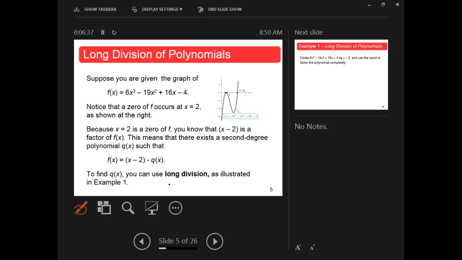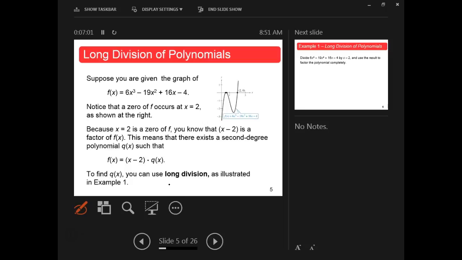Okay. So we do it backwards. Before, we factored and got x minus 2 equal to 0, then said x equals 2. Now we say x equals 2, so that means x minus 2 is a factor, because x equals 2 is a 0. We know that x minus 2 is a factor of f. We knew that, didn't we?